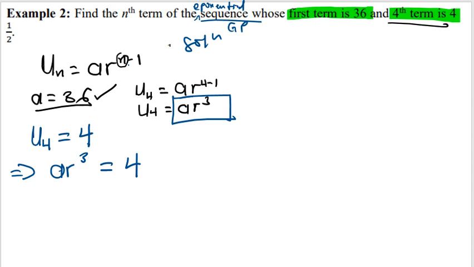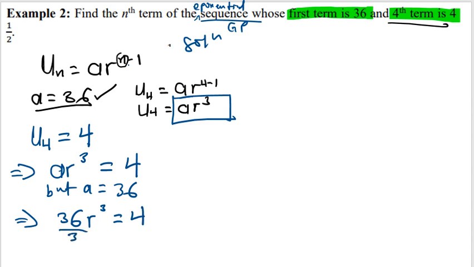But we know a to be equal to what? 36. So we substitute that inside. We have 36r^3 equal to 4, and we can divide through by 36.